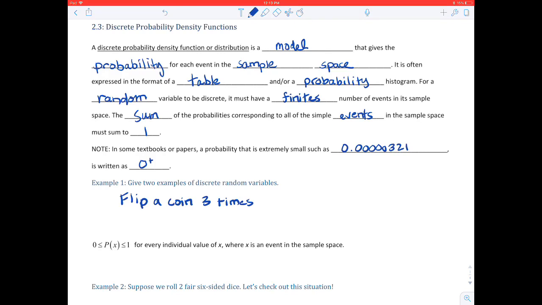And you want to know what your random variable is. So what is your interest? So you want to find maybe the probability of getting a tail.